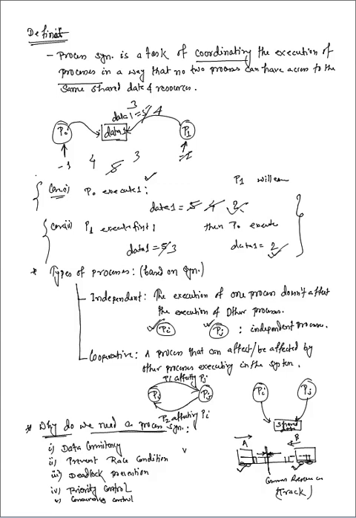And we have management of the critical section. So what is a critical section? The shared resources and shared data kept in a separate section of a program or code, that is called the critical section.